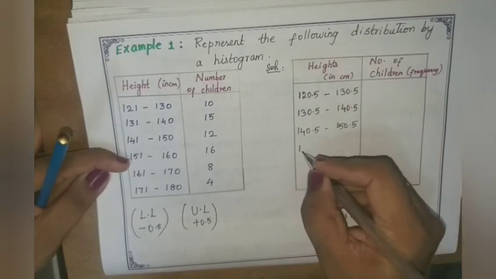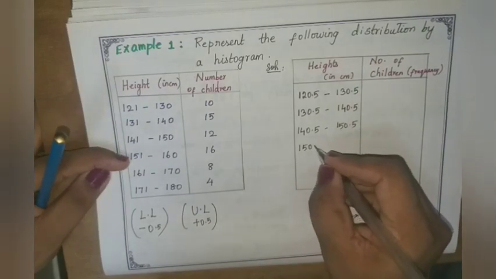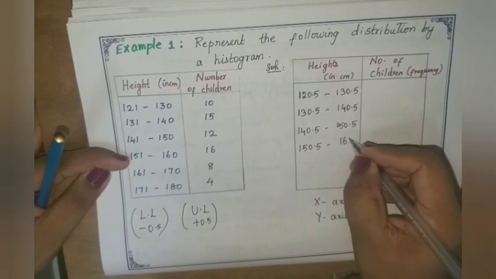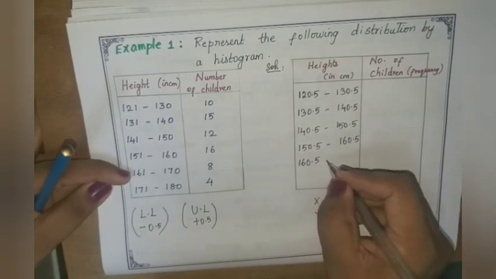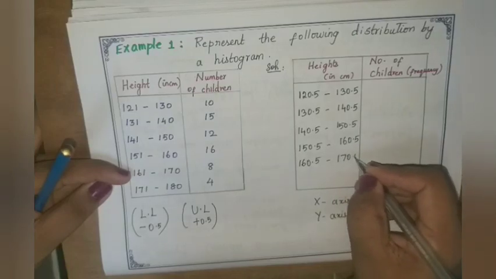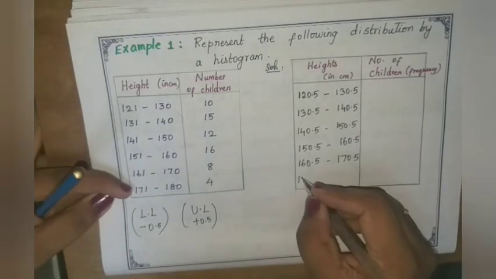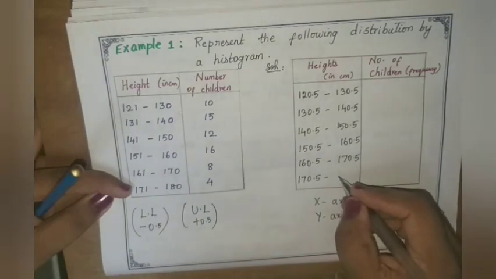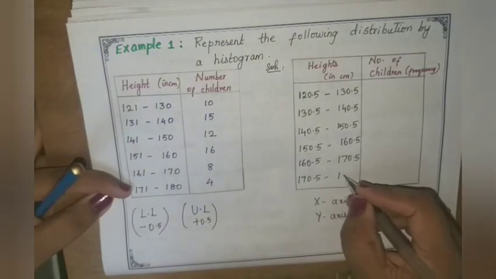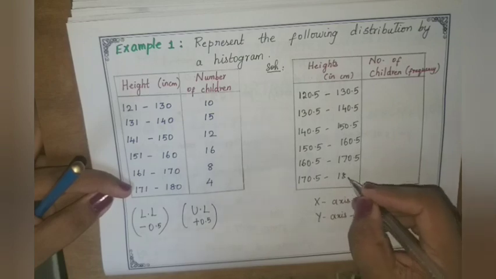Subtract, add. If you subtract 171 minus 0.5, it becomes 170.5, and 180 plus 0.5 becomes 180.5.